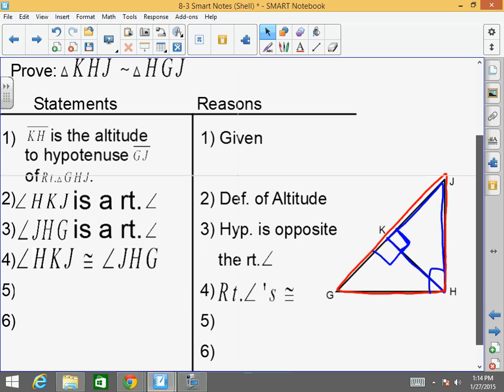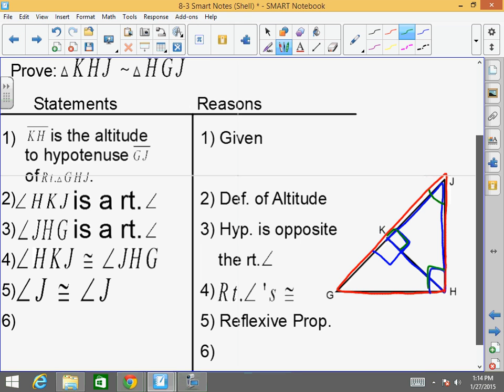So basically I'm saying that this guy is congruent to this guy. And I know that J is congruent to J because of reflexive. This is congruent to itself. And therefore, how can I prove the triangles?